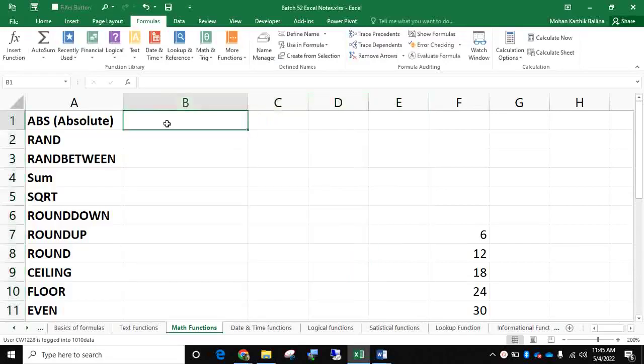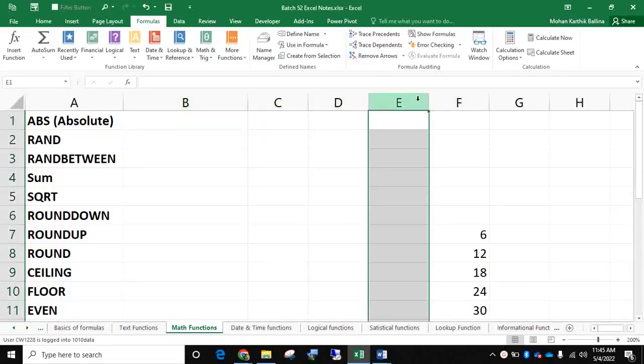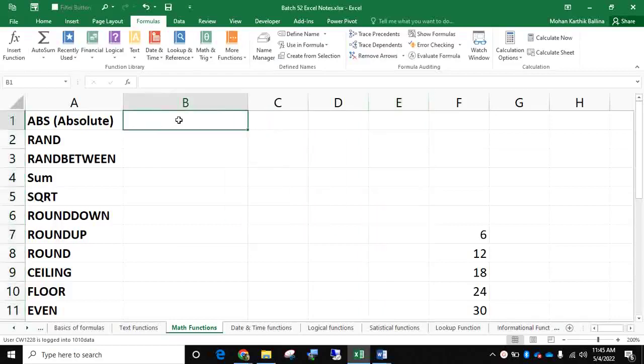You can apply mathematical functions when you have a column with numerical data, right? These are a very simple function set. So ABS, which is absolute. What this function does is, when you have a negative or positive value, it gives you the value without a sign.